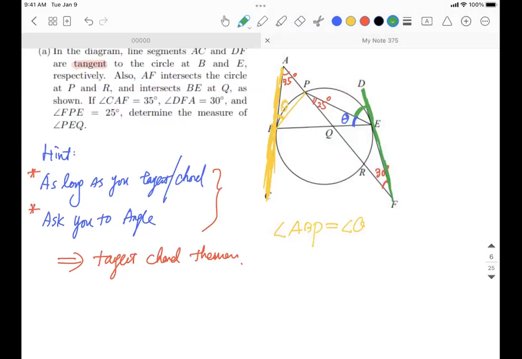Well, this green angle is not so difficult to calculate. From this angle, can I calculate the value of the green angle? Phi, I'll give it a name, phi.